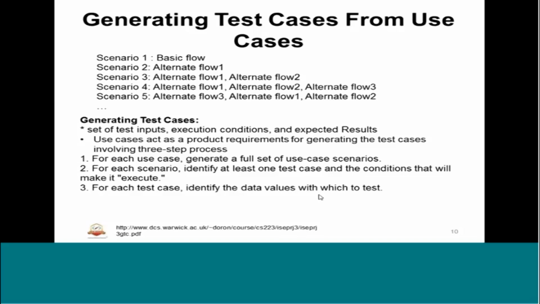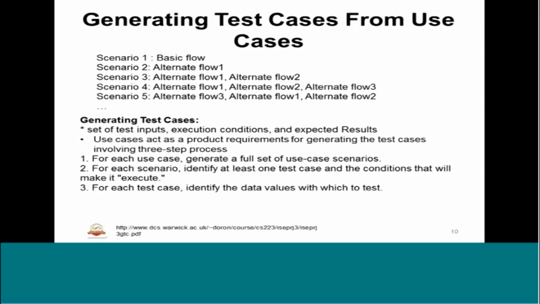The data values can also be a condition with which we are going to vary and trigger, and the data values will also have an expected output as well as the actual output that is going to be produced when we execute the test case.